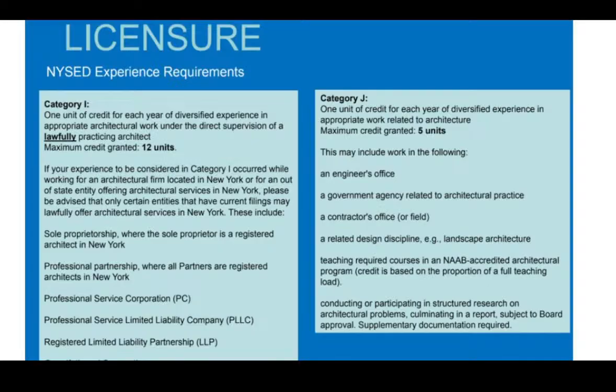A government agency that does architectural work, a contractor's office, as long as they're building buildings, a related design discipline such as landscape architecture. You could teach in an NAAB accredited school. And you can conduct or participate in structured research that's recognized by your institution as being legitimate research, not just, oh, I studied something for a while and did some research.